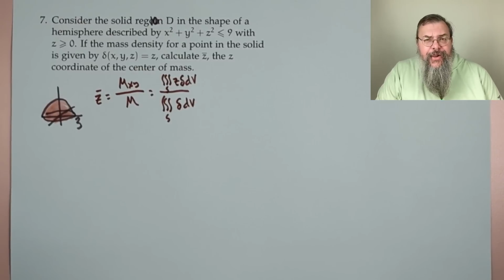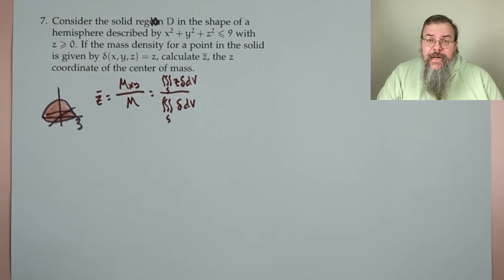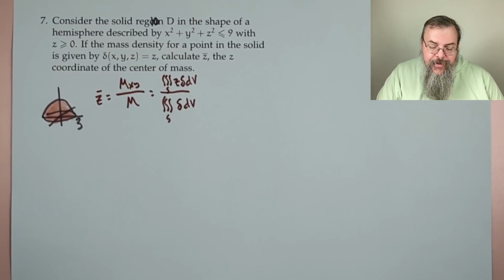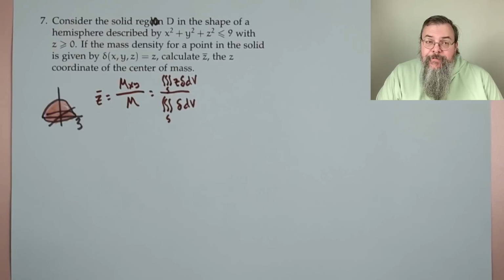The question is how long of a journey it will take. Well, given the nature of this shape, let's go ahead and let's try spherical. I don't know if spherical or cylindrical is going to be easier, but we should pick something, and once we pick something, we go with it.